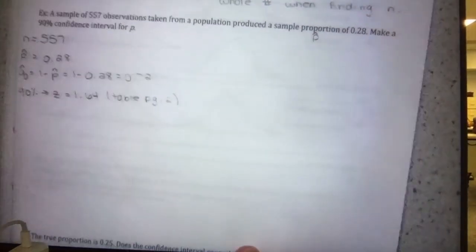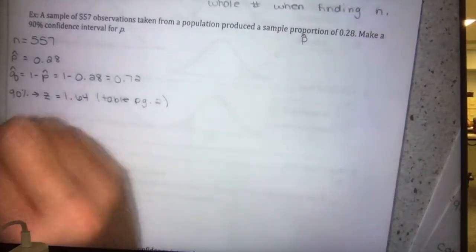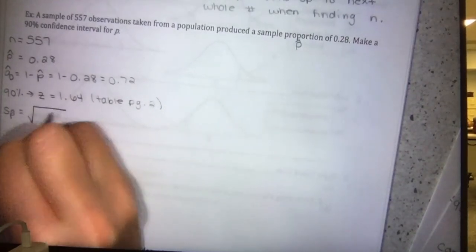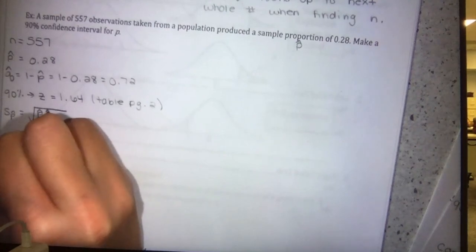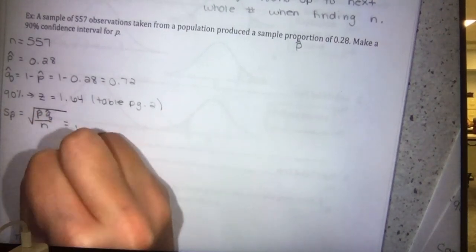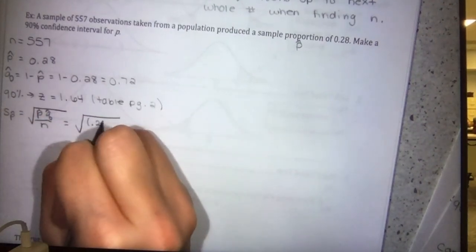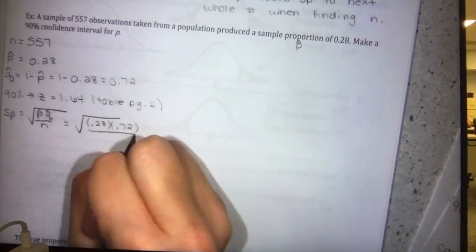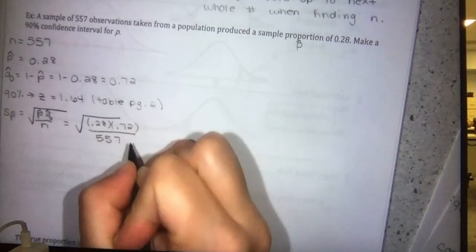So let's go ahead and find our confidence interval. By the way, we also have to find S sub P hat. Let's just do it over here: the square root of P hat times Q hat all over n. So the square root of 0.28 times Q hat, which is 0.72, all over 557.